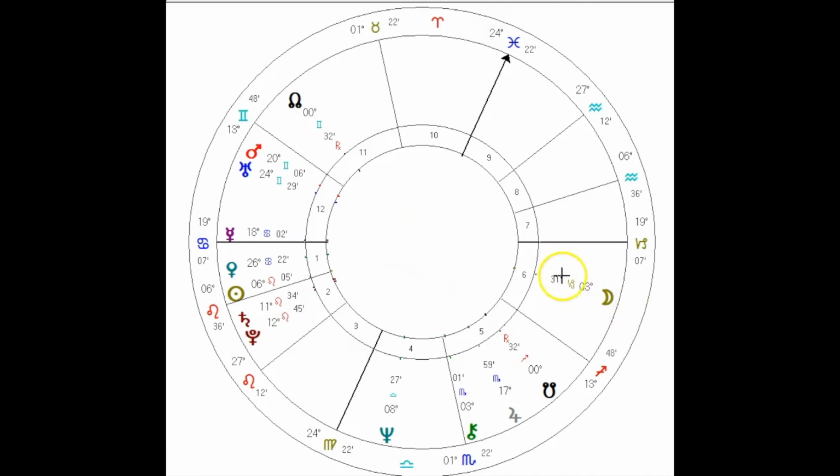So can you see how the moon in Capricorn has changed this quite a bit? Now, it's in the sixth house of work and service, but it's also the house of health, in a way, of being able to look after the body and keep the body in tip-top shape.